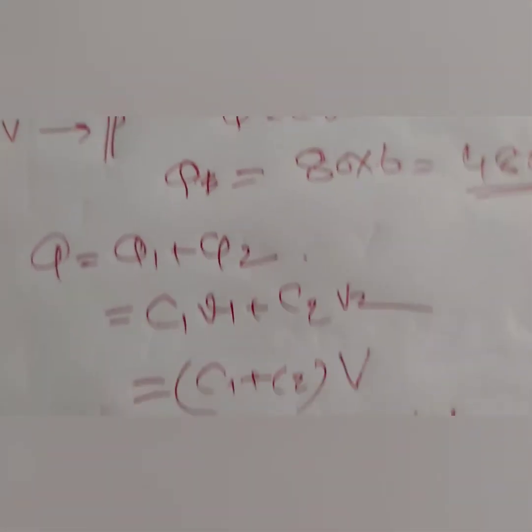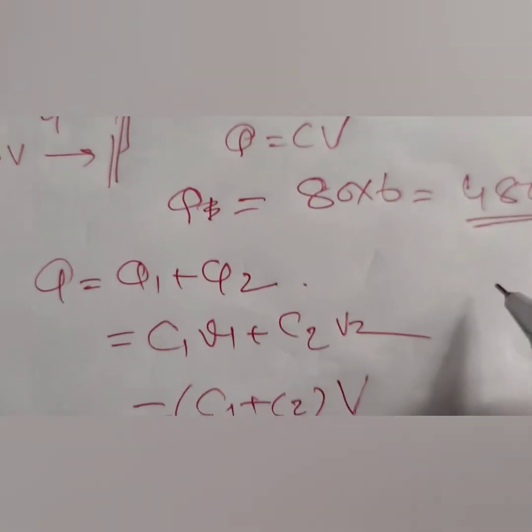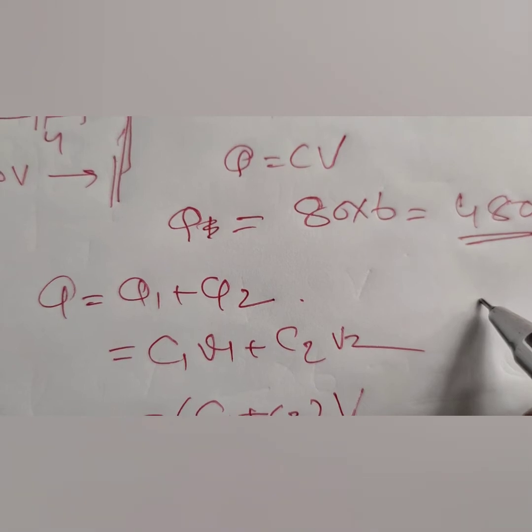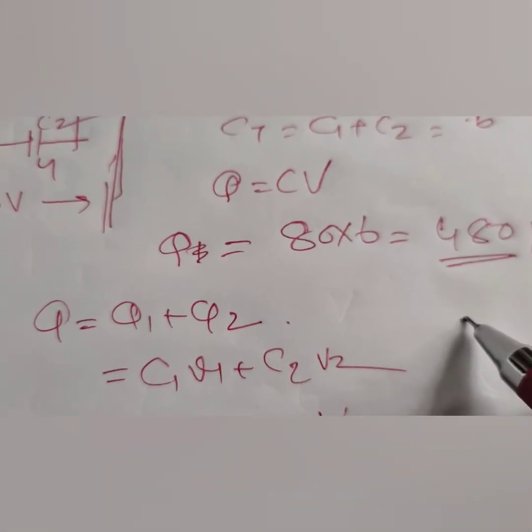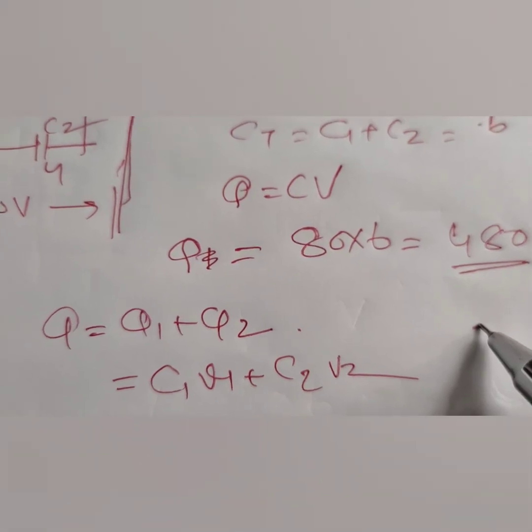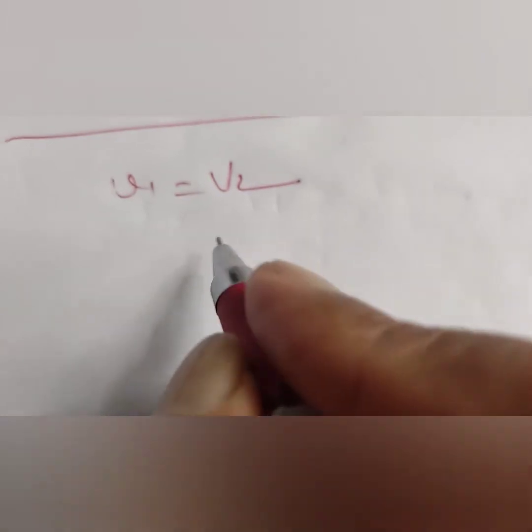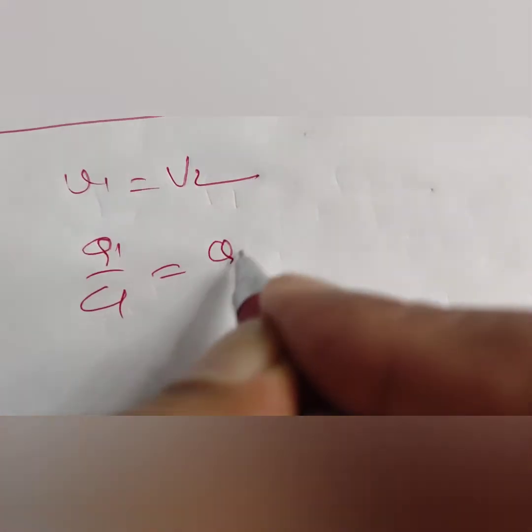Now what is C1 V1? That is the charge across this. C1 is 2. Since it is a parallel circuit, V1 is equal to V2, so Q1 by C1 is equal to Q2 by C2.